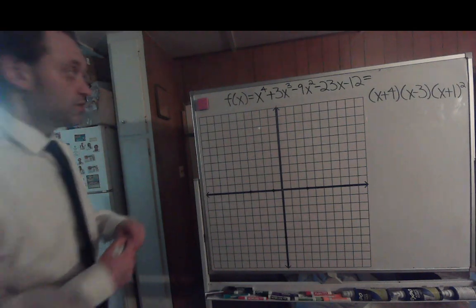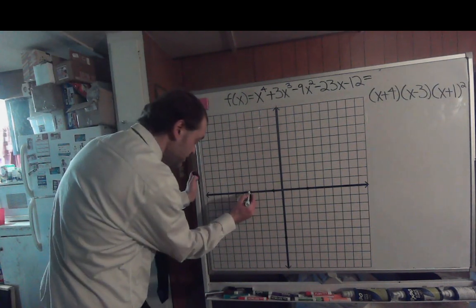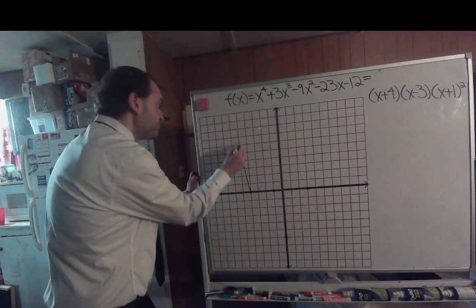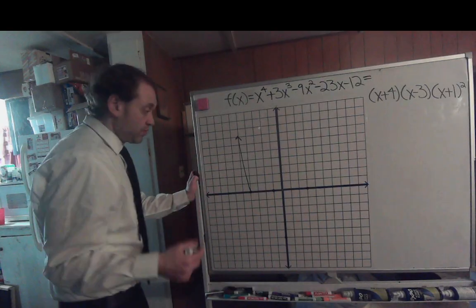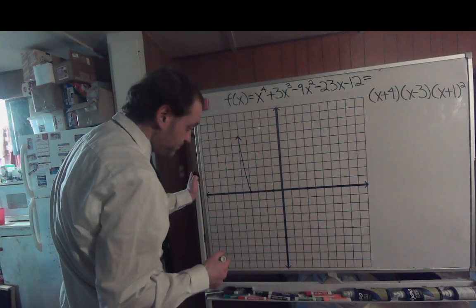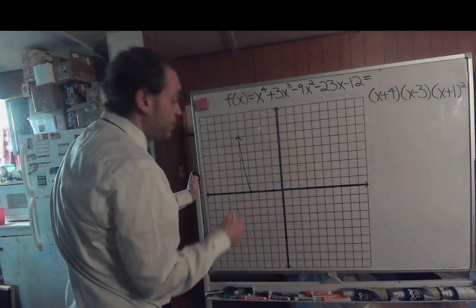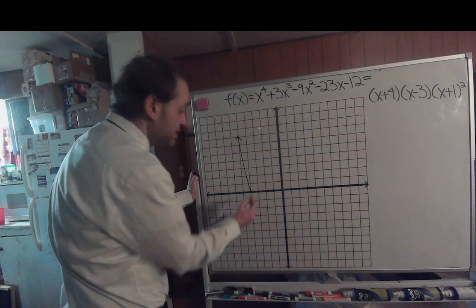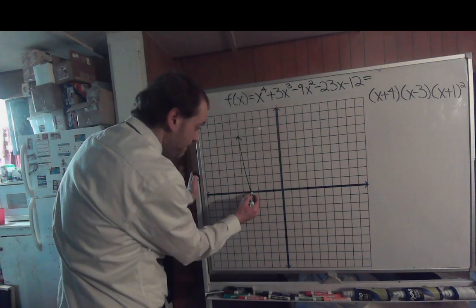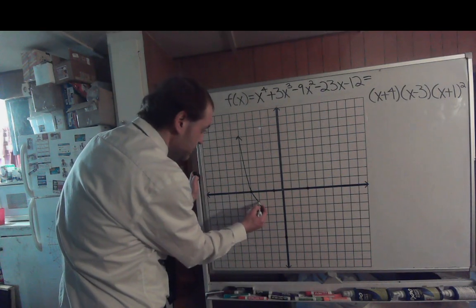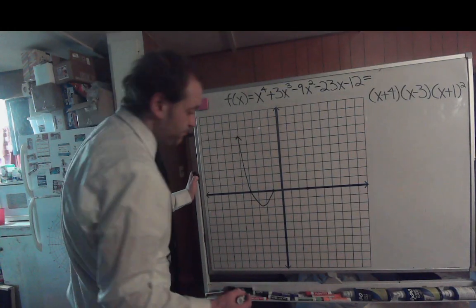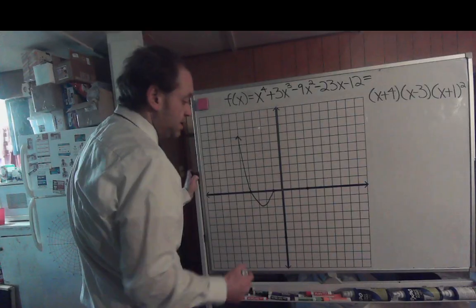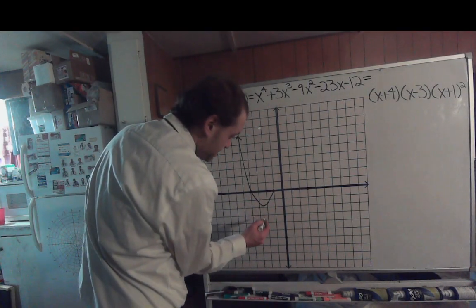Now we proceed to graph. So it rises to the left, so we'll start there, right? It's also going to rise to the right. Now at -1, it's going to touch there. So let's go down and then go back up till we about touch it. So there's that part.